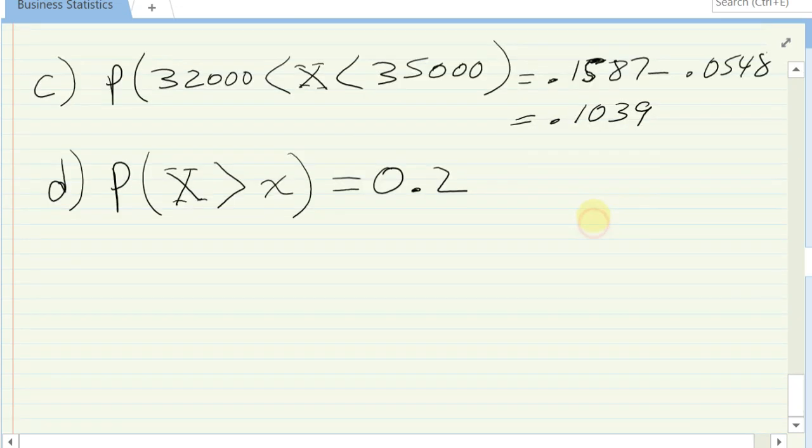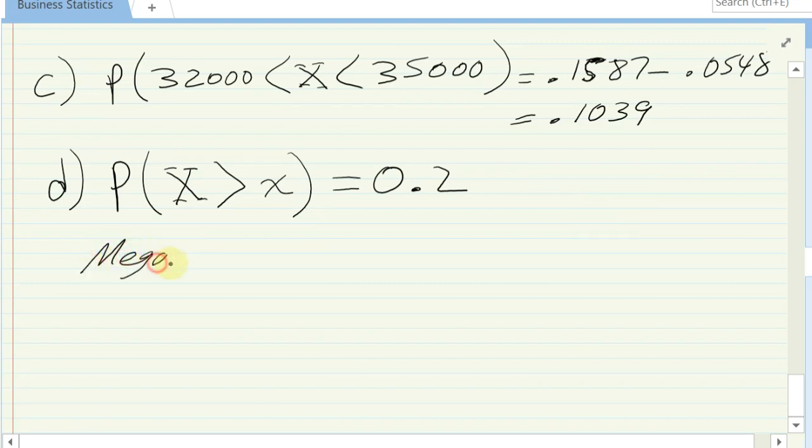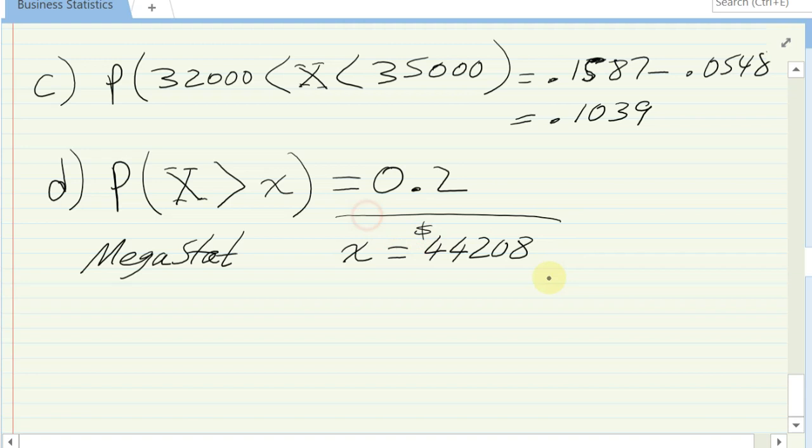And for the cutoff, we used MegaStat. And the X value turned out to be approximately $44,208. So anyone that earns 44,000 or more is going to get that bonus of $1,000.